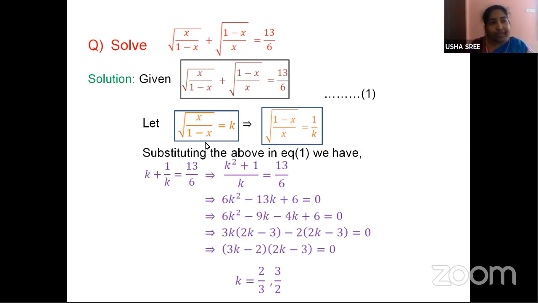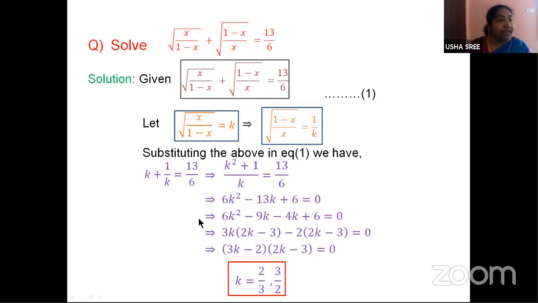What is k? k is the value which we have taken as substitution for one term in the given expression or given equation. So k plus 1 by k, we have taken it is equal to 13 by 6, and we have got the value of k.